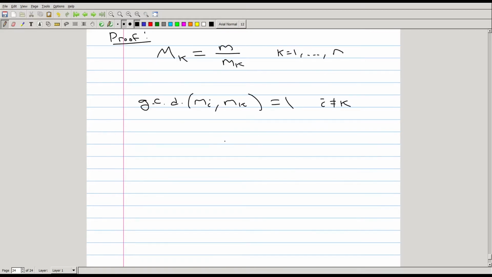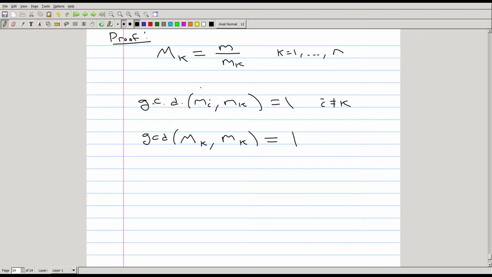Therefore, it follows that the GCD of Mk with mk is also equal to 1.